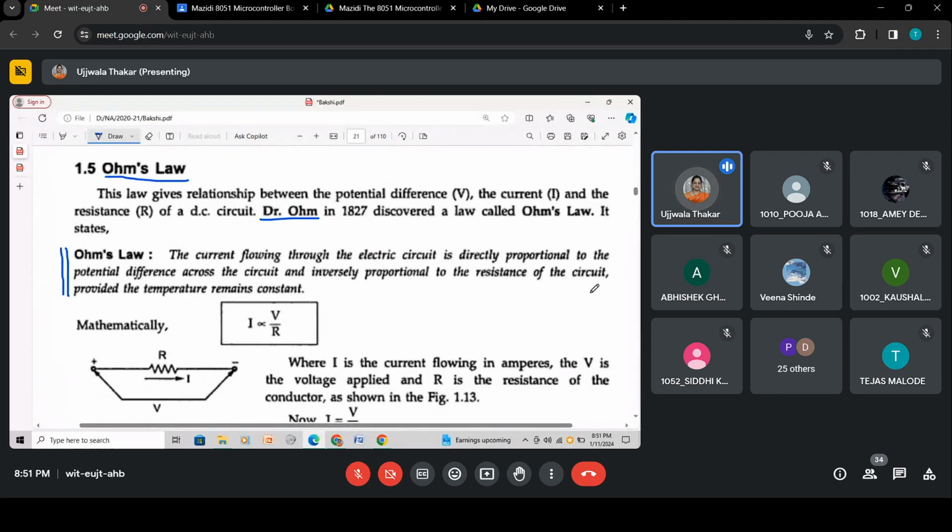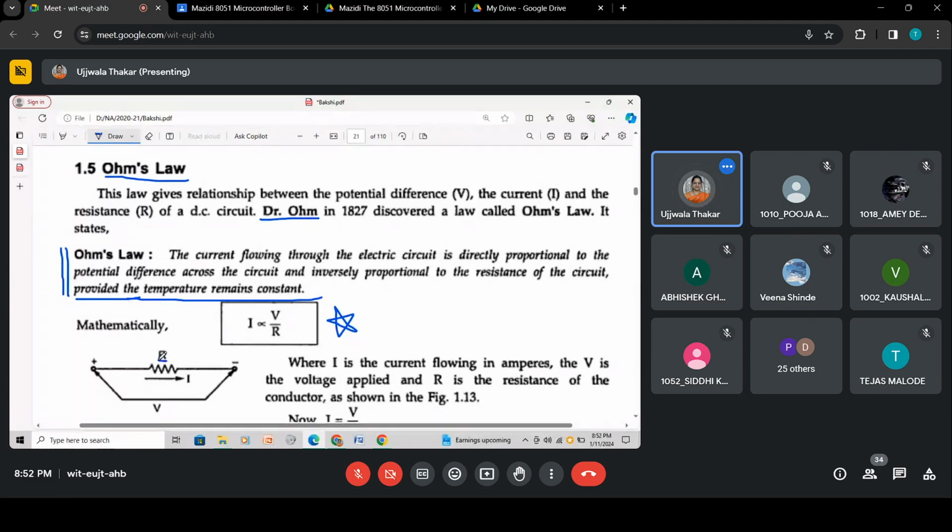The current flowing through an electric circuit is directly proportional to the potential difference across the circuit and inversely proportional to the resistance of the circuit, provided the temperature remains constant. This is an important clause: provided the temperature remains constant. Mathematically, I is equal to V upon R.